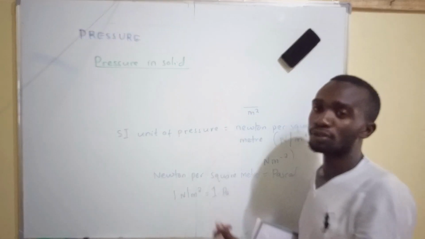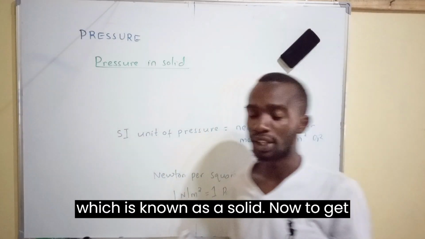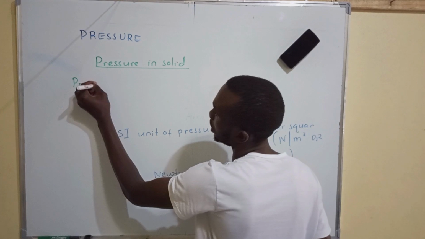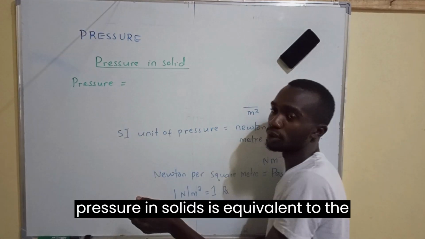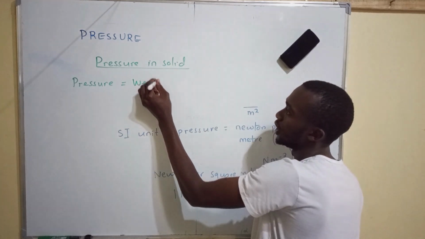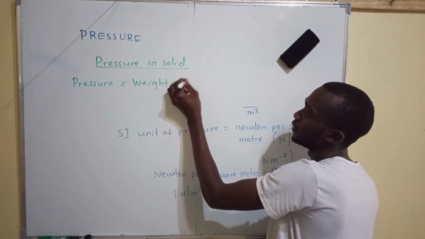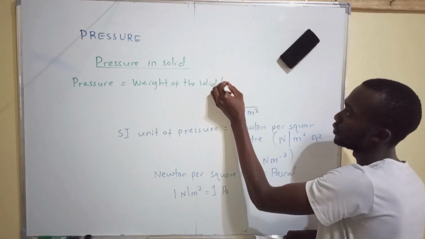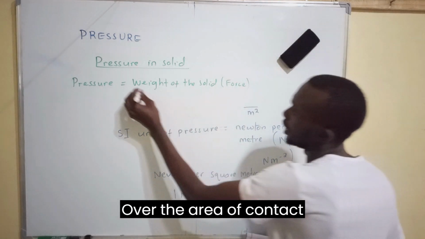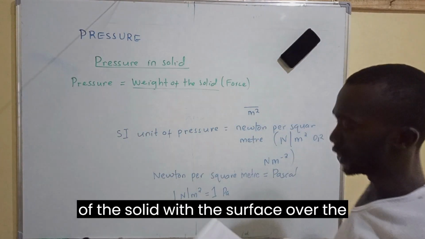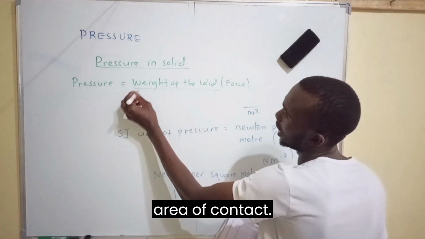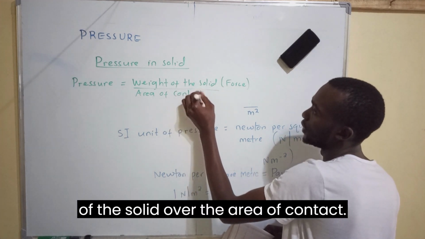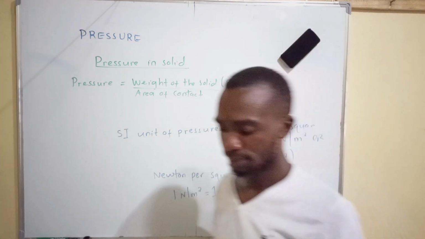To get pressure in solids, the pressure in a solid is equal to the weight of the solid, and don't forget that weight is a force, over the area of contact of the solid with the surface. The weight of the solid over the area of contact.